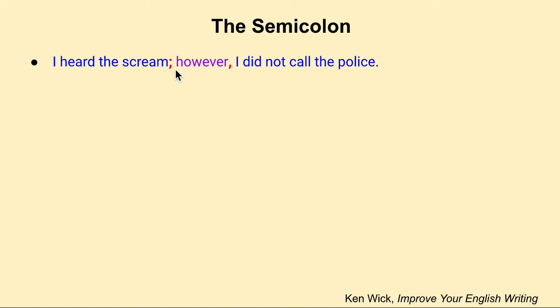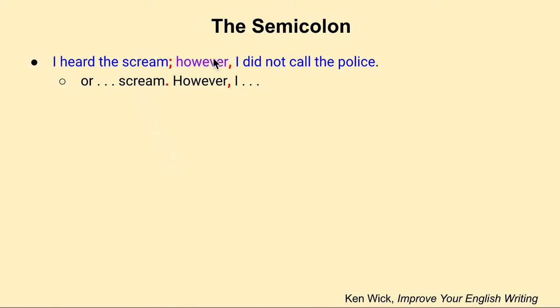But like the rule said, you may use a period. So it could also be: I heard the scream. However, I did not call the police. You can turn this semicolon into a period. Of course, you have to capitalize this. It may be punctuated this way or this way.